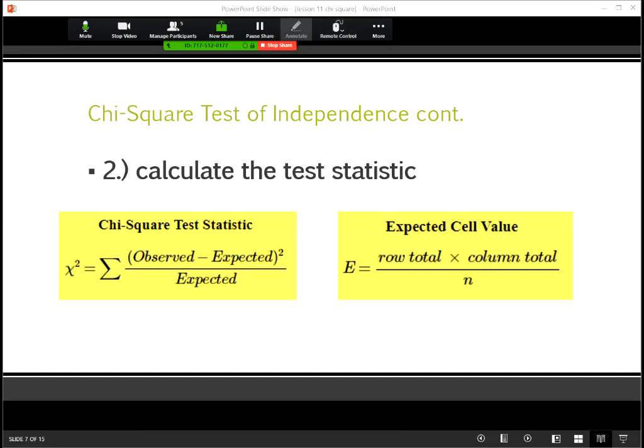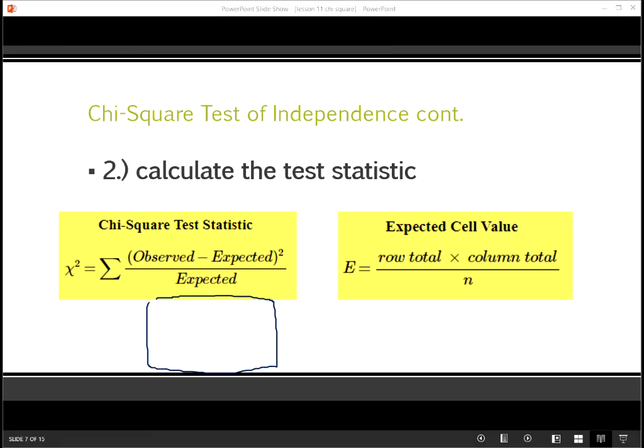If you were in Minitab or something, and you had a bunch of different cells, rows and whatever, and you wanted to find one specifically, you would have to go from that cell and take the row total first.